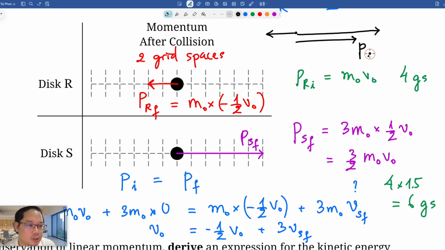So that's the point. One vector is 2 grid spaces to the left, the other vector is 6 grid spaces to the right. When you add them, the total is 4 grid spaces to the right, which equals the initial momentum. That's the point.